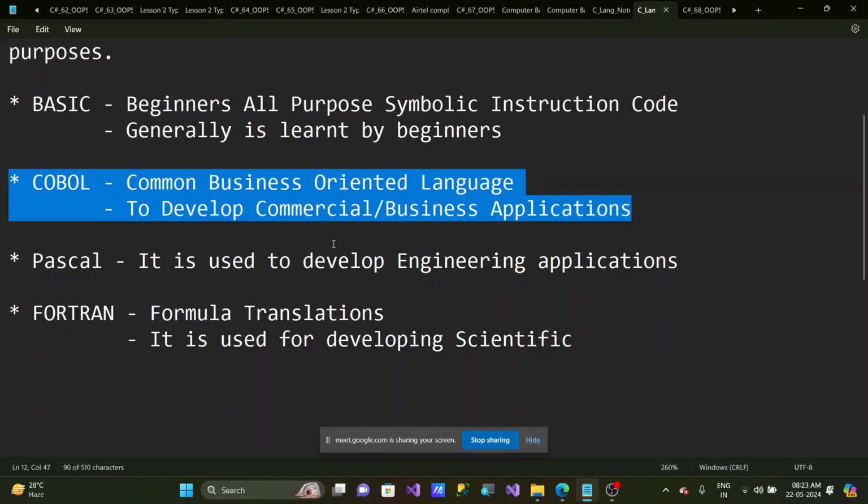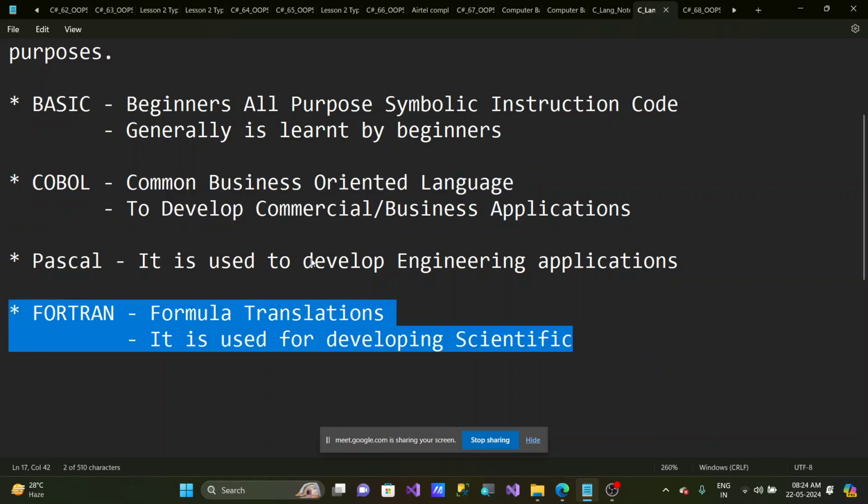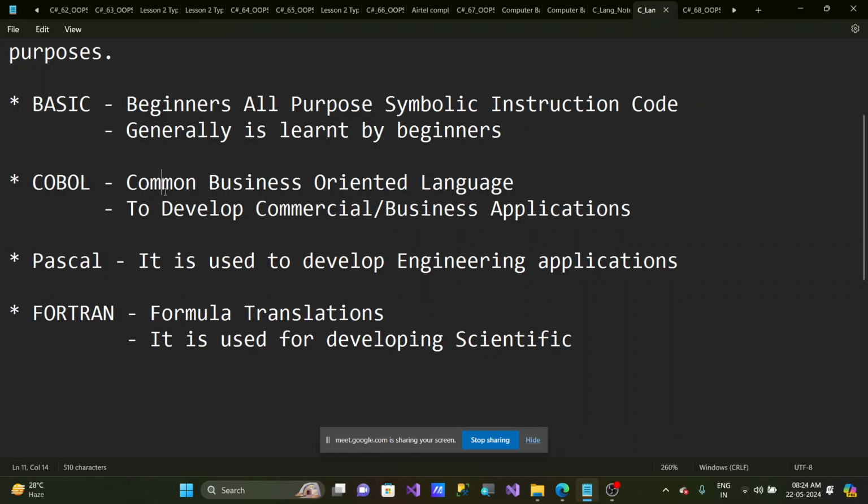In this scenario, the programmer who is learning all these languages gets confused by following different languages. It's like human languages: English we keep learning from the beginning of school education. Then say you learned French, then Spanish, then Sanskrit.